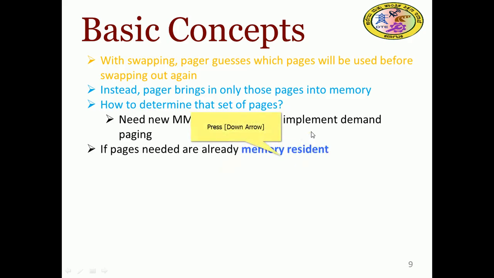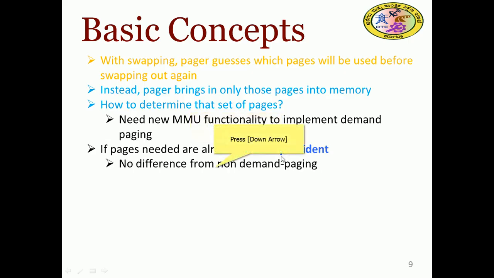We need new memory management functionality to implement demand paging. If the pages needed are already memory resident, then there is no difference from non-demand paging. So if the pages the CPU is interested in are available, then demand paging may not be required. Normal paging is enough.